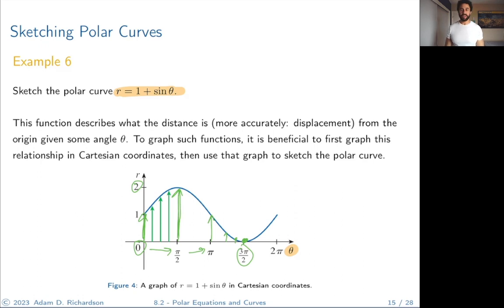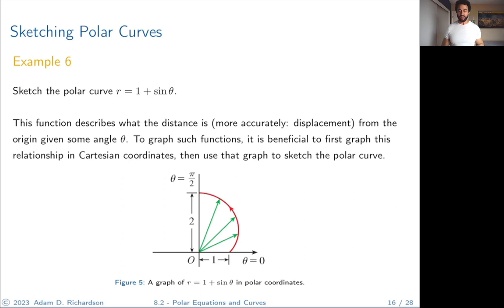So at 3 pi over 2, when you're facing downward, pointing down, you're not going to go anywhere. You're going to be stuck on the origin. And that's how we interpret it. So this is basically a pictorialization of how it would trace out as you went around.